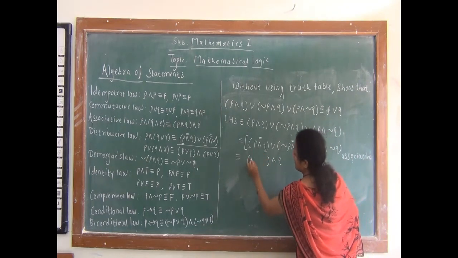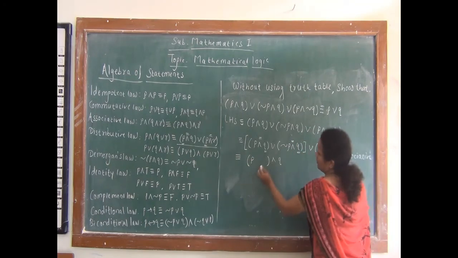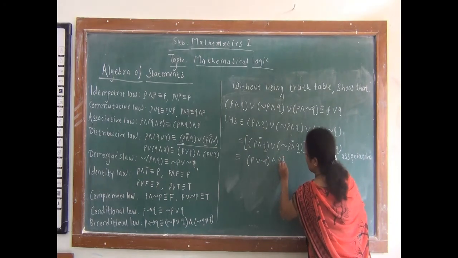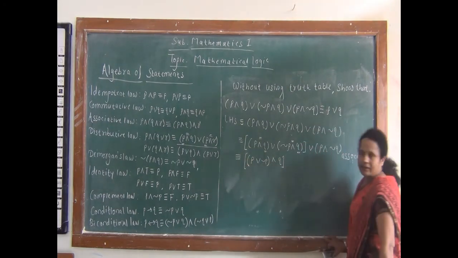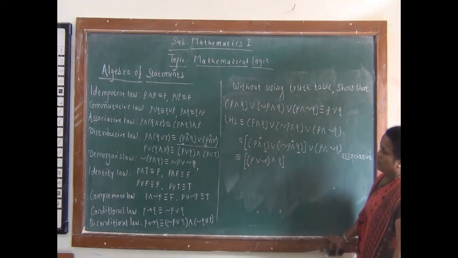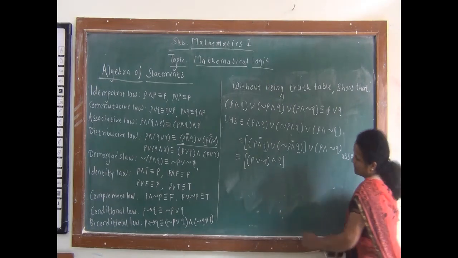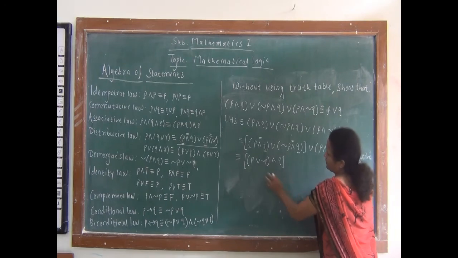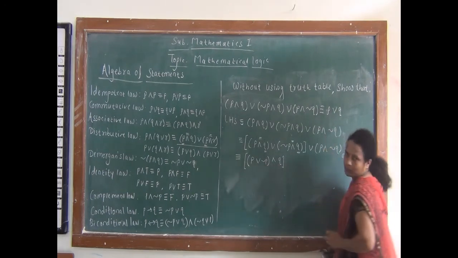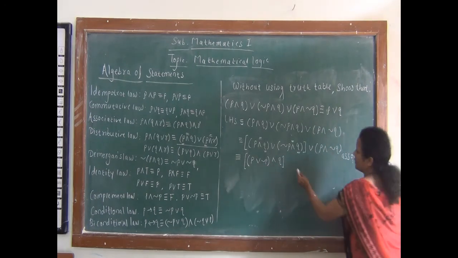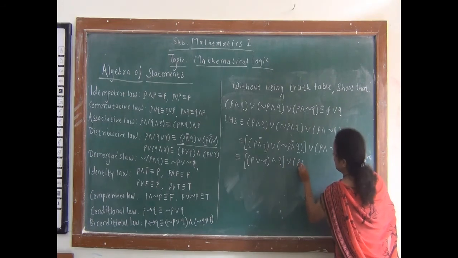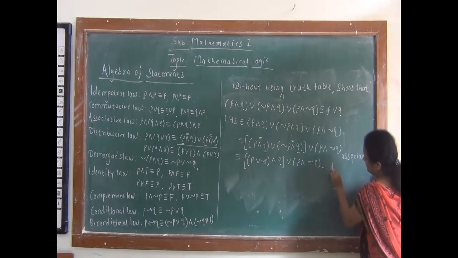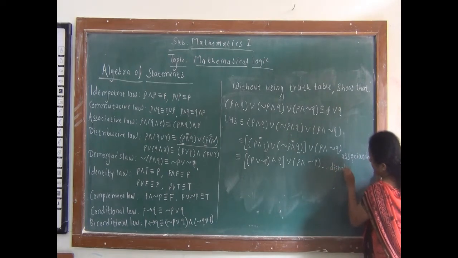So here remaining statement is P, connecting or, and then negation P. You can verify your distributive law by solving this bracket as first P and Q, first bracket, or negation P and Q. And now write or P and negation Q as it is. Here write reason, distributive law.